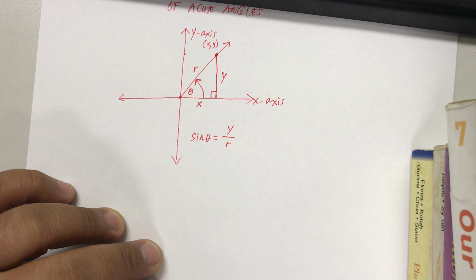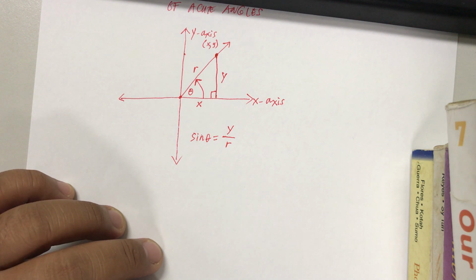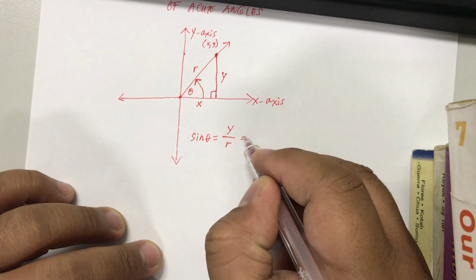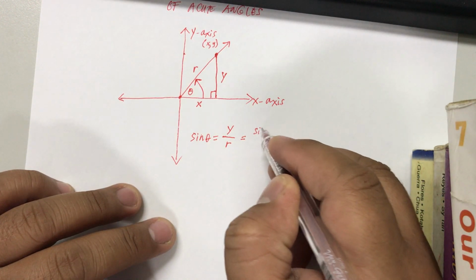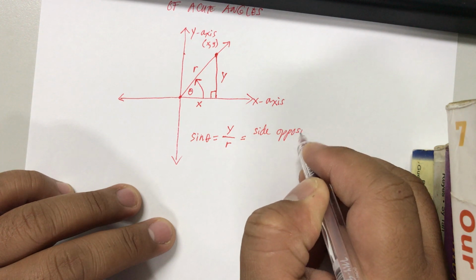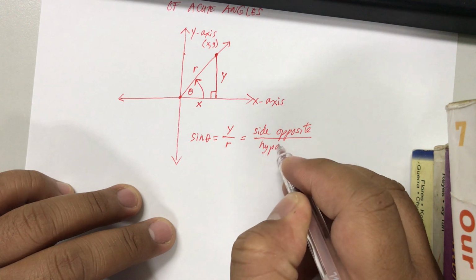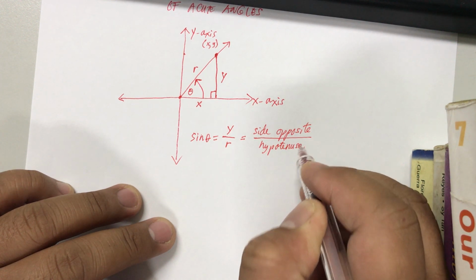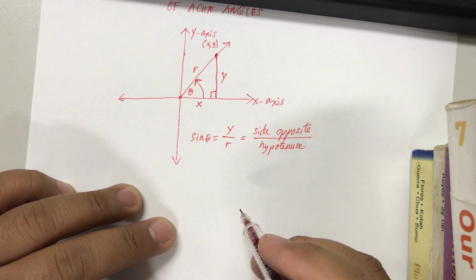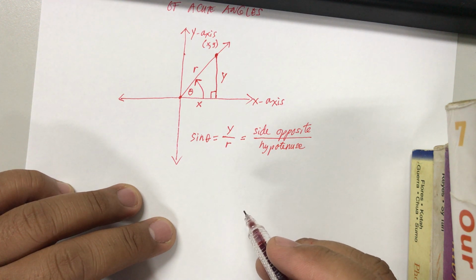Inasmuch as angle theta is concerned, what is the side of the right triangle which is represented by the variable y? Obviously, it is the side opposite, while r is the hypotenuse, which is the longest side. The longest side is always opposite the largest angle. The largest angle is the angle that measures 90 degrees.